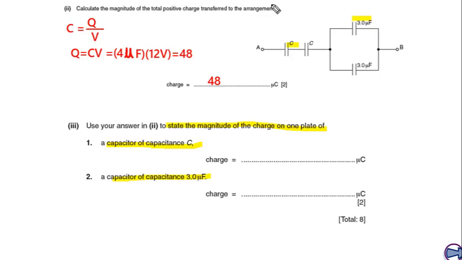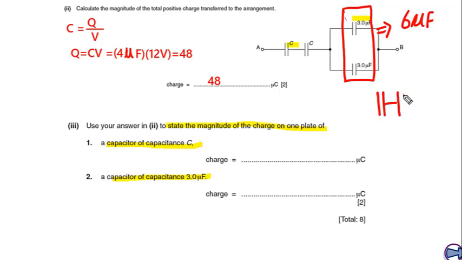In order to find the amount of charge on one plate, we need to reduce this circuit into 3 capacitors. As these two capacitors are connected in parallel, we can replace them with one capacitor with capacitance 6 microfarads. So we can redraw this circuit, and it will look like this.